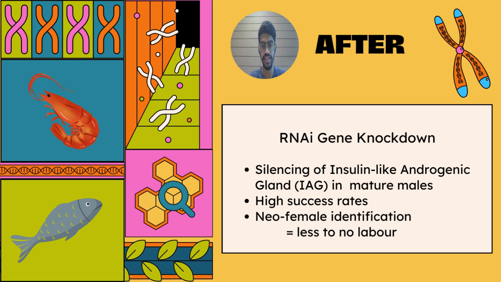With modern technologies such as RNAi gene knockdown, the process became easier: it silenced the insulin-like androgenic gland in mature males, which produces neo-females, with a high success rate and much less labor compared to the traditional method.